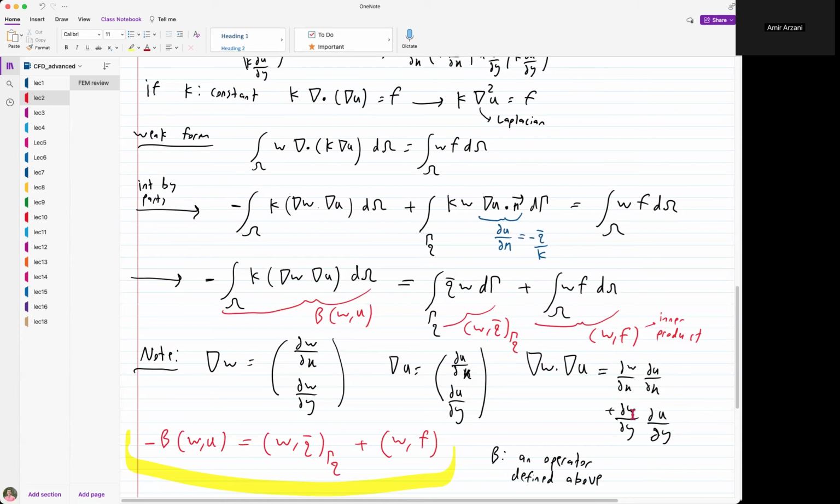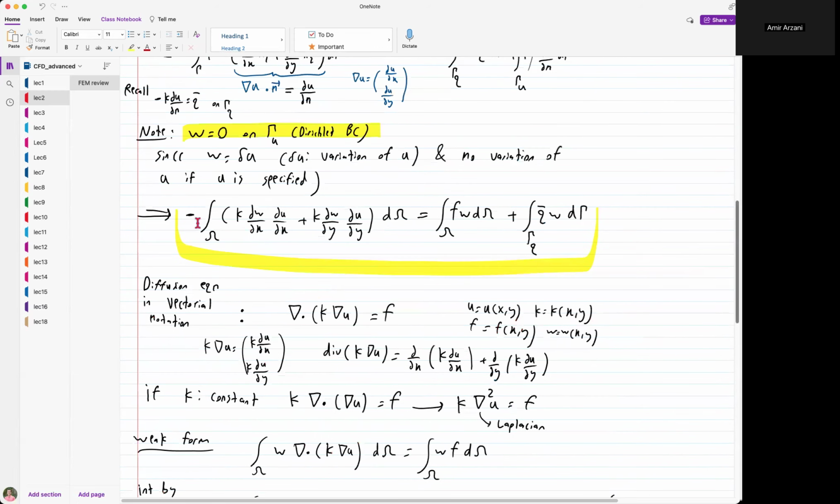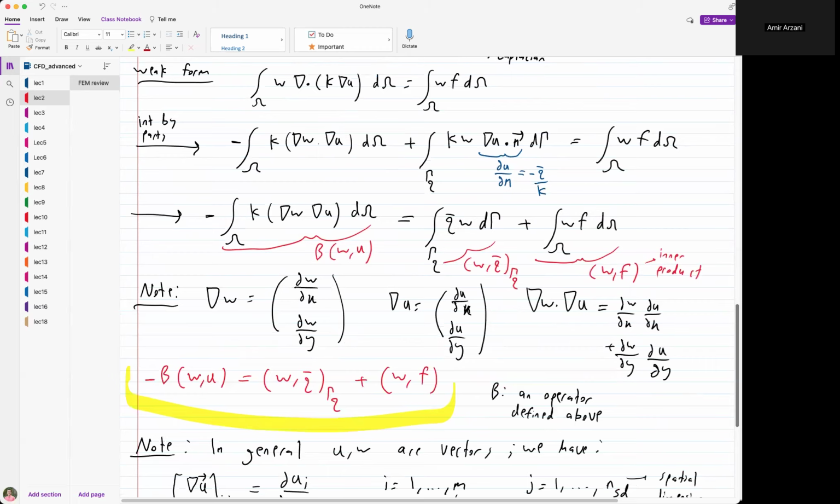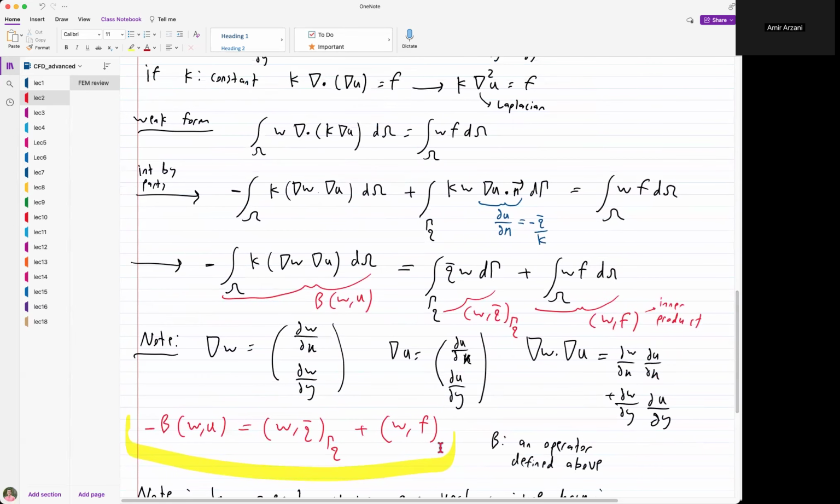And this is how we saw it in the previous form of the equation up here. Now, this is how we can summarize the weak form of the equation. You can write it as such. So u is your unknown function, w is your test function, and you have the Neumann boundary term and the source term.